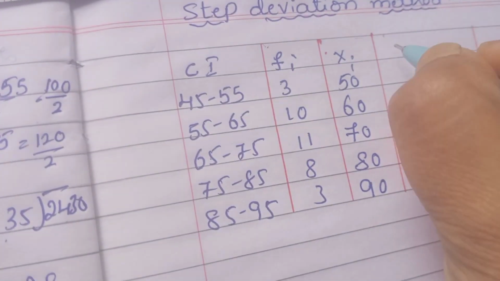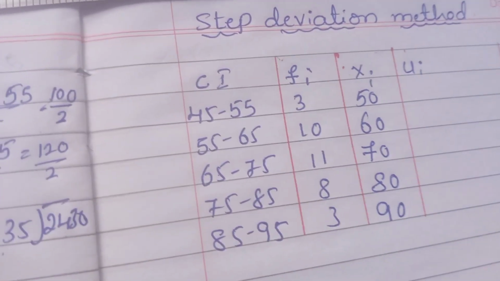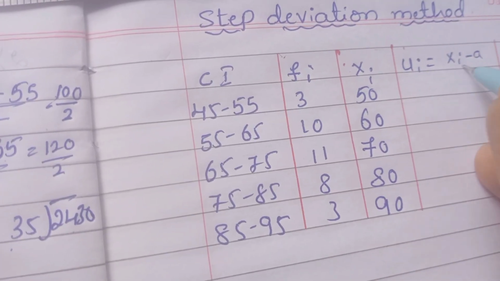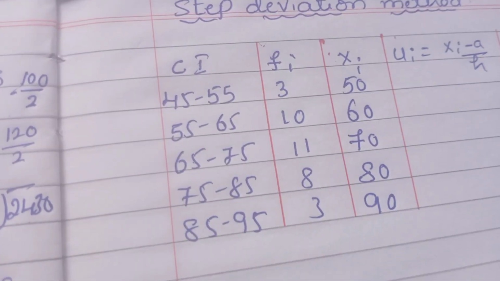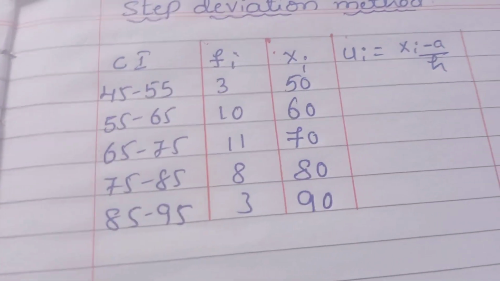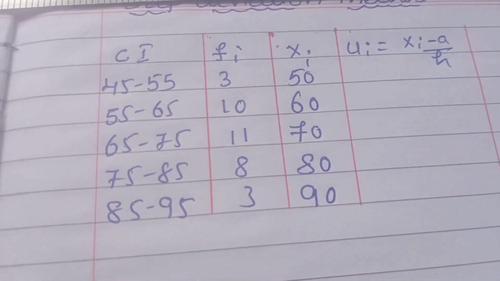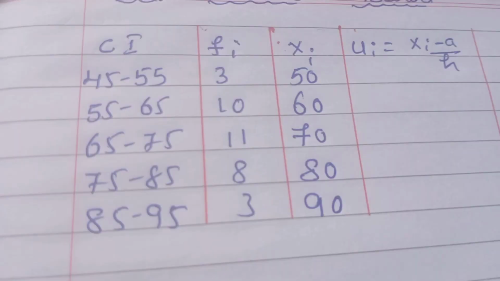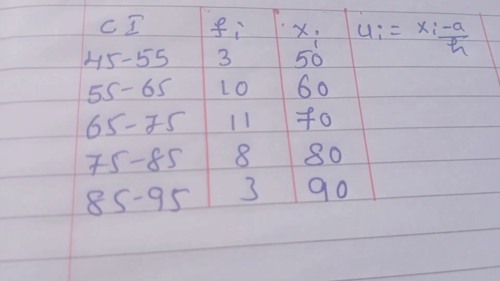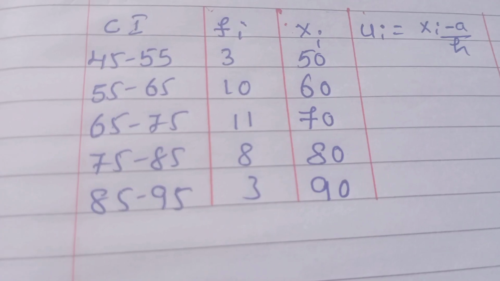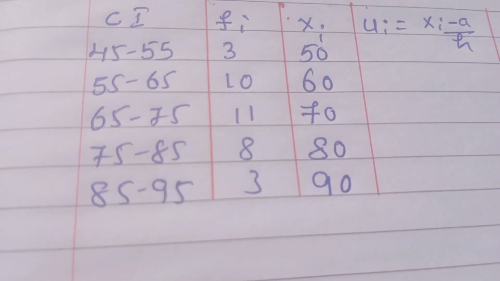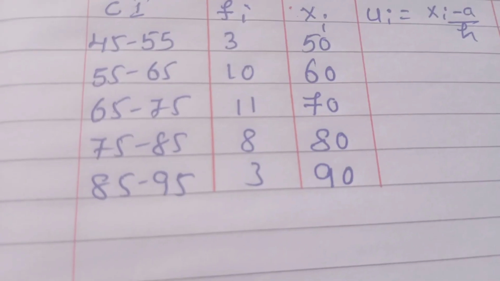Next step is Ui. How to find the Ui? Xi minus A divided by H. H means class size or class width. In this step deviation method, the class width should be the same. Then only we can apply the step deviation method.